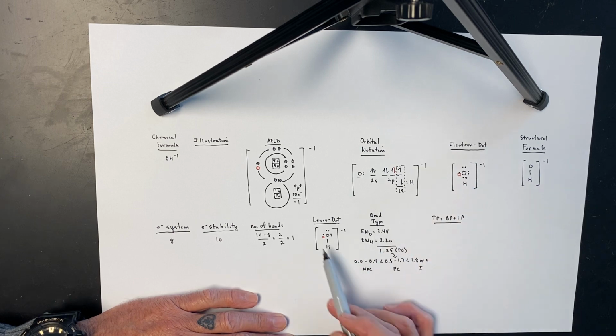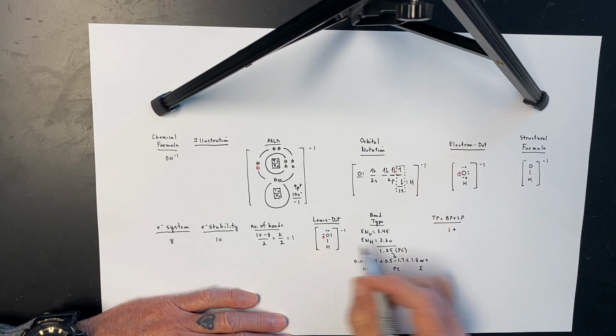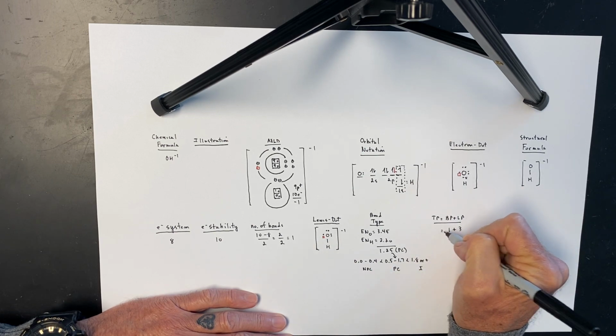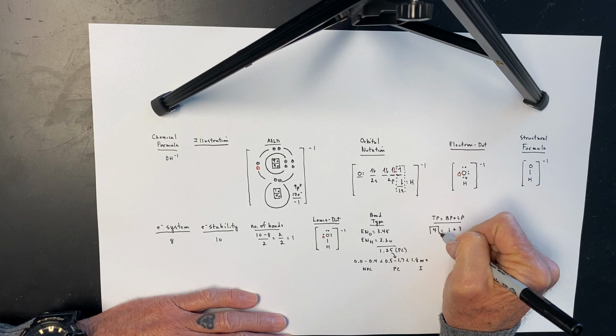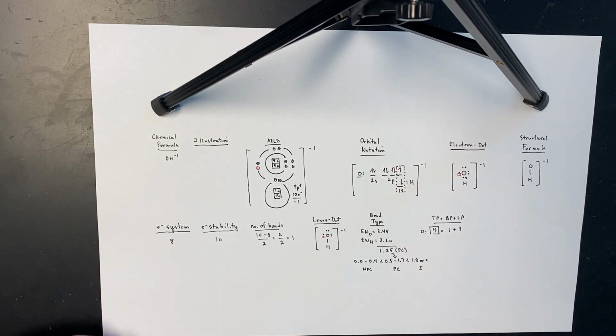We could use the Lewis dot. We have one bonded pair between oxygen and hydrogen, and we've got 3 lone pairs, so 1 and 3 is 4. So 4 total pairs predicts a tetrahedral arrangement for oxygen.